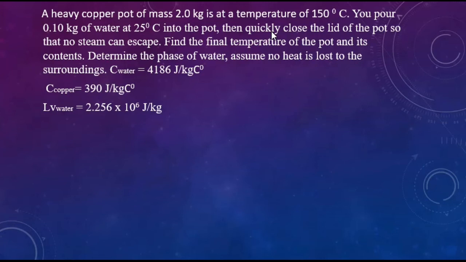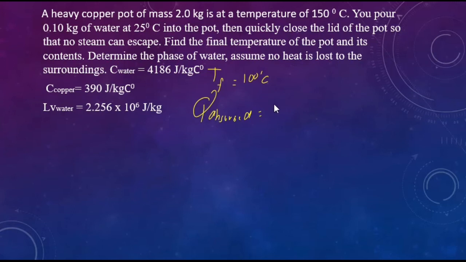So let's assume again. Okay, let's assume that the final temperature, let's say it's 100. For the pot, it will decrease to 100, and then for the water, it will be 100, and then it will turn to steam. So Q absorb, the one which will absorb heat is the water.